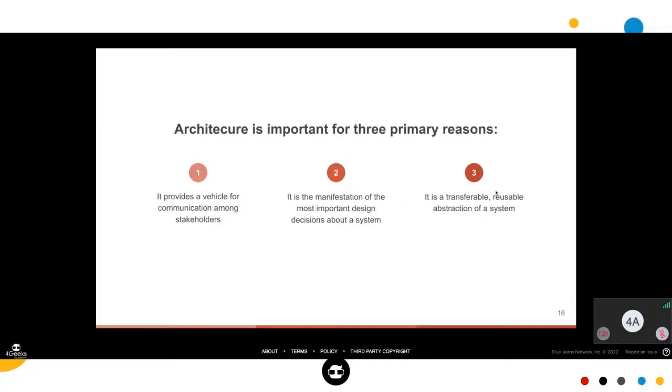Okay, and when we say reusable abstractions, we define a model that we can transfer across similar systems. The software architecture can serve as the basis of a strategy to reuse requirements, development, code, experience, standards.